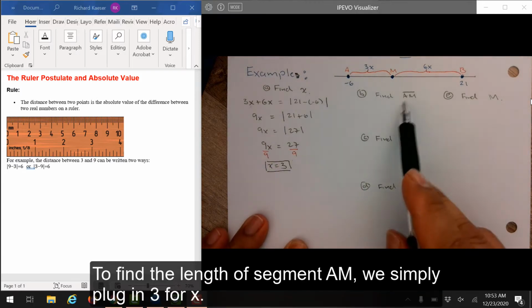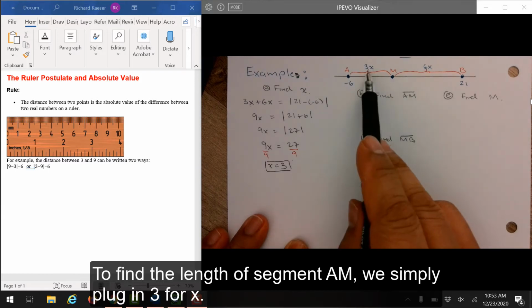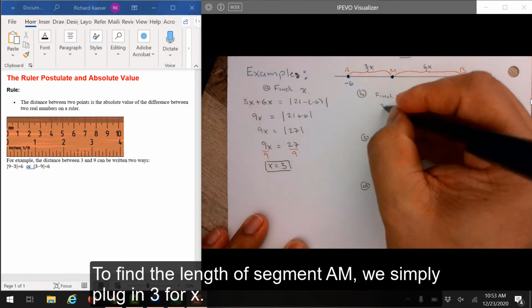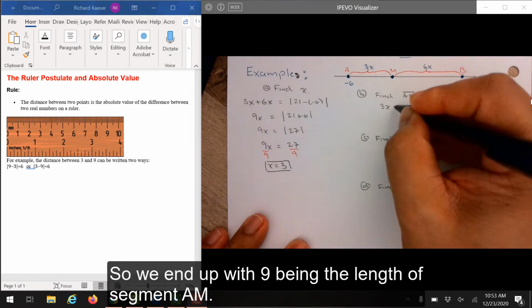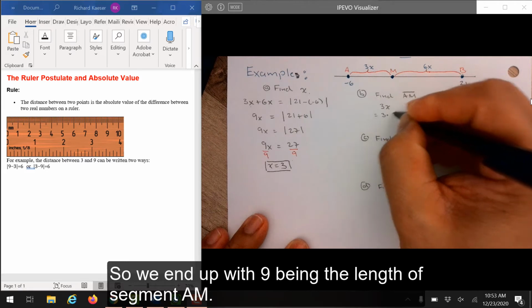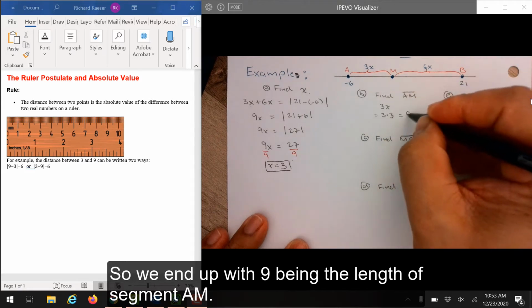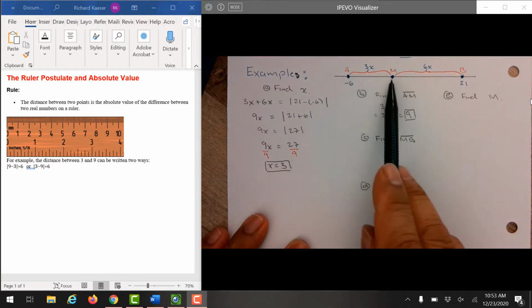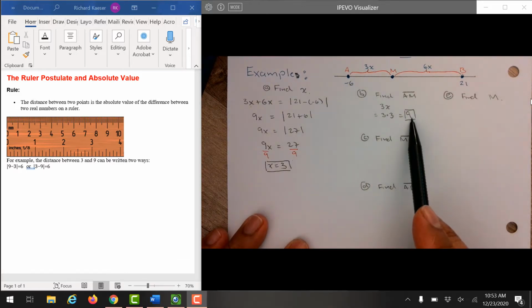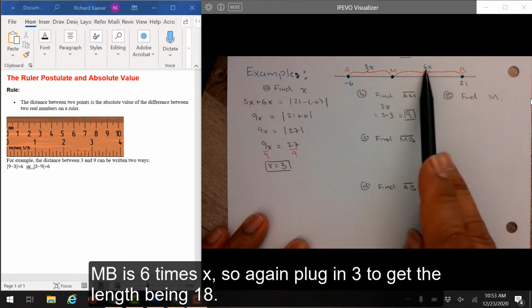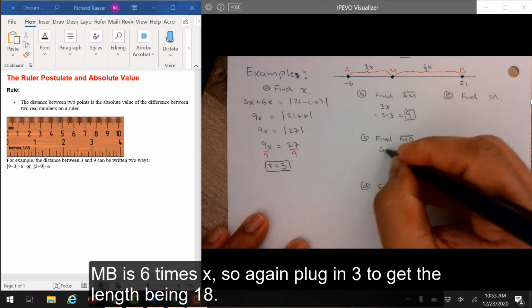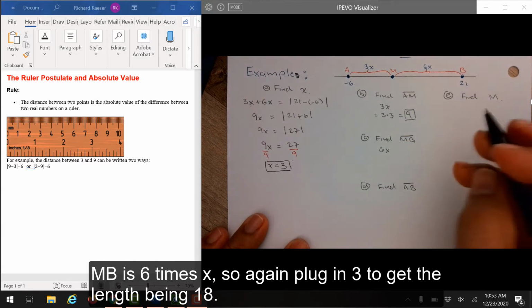To find the length of segment AM, we simply plug in 3 for x. So we end up with 9 being the length of segment AM. MB is 6 times x, so again, plug in 3 to get the length being 18.